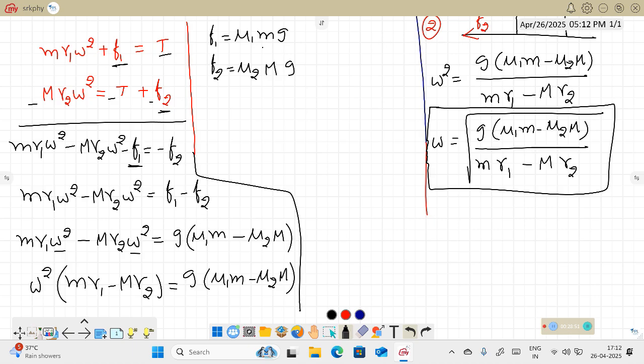Here g is constant and mu1 will be given; small m and capital M you have to identify which is more and which is less, and the remaining follows the centrifugal force equation. This is the angular velocity of the given system of masses rotating about an axis.